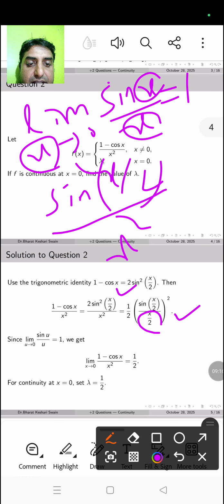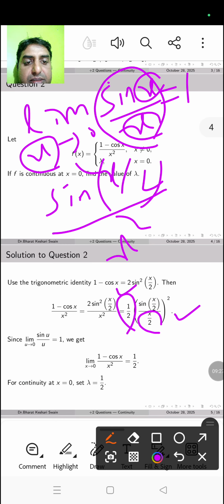Okay. So this is your (1 minus cos x) by x square. Now 1 by 2 is constant. And take x by 2 is equal to u, so the bracketed term will be limit as u tends to 0 of (sine u by u) whole square.